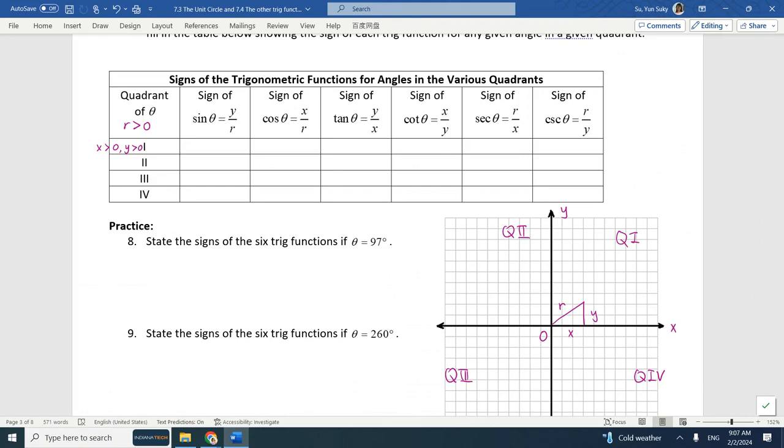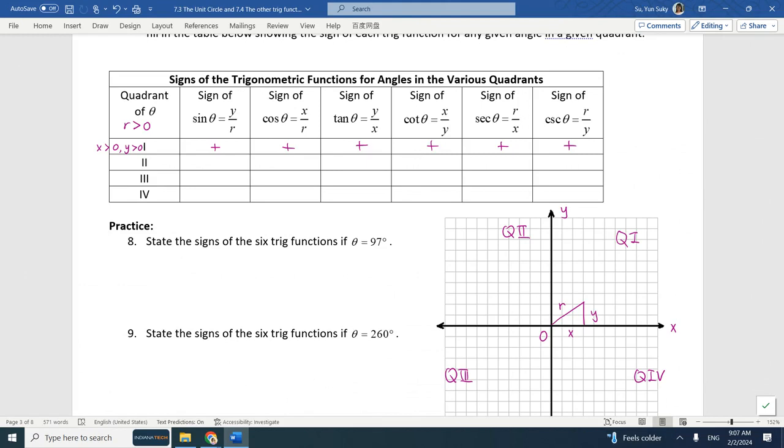X positive, y positive, r positive. Then the ratio of them, of course, is positive. So you can put positive for all of them. Is that okay, everybody?